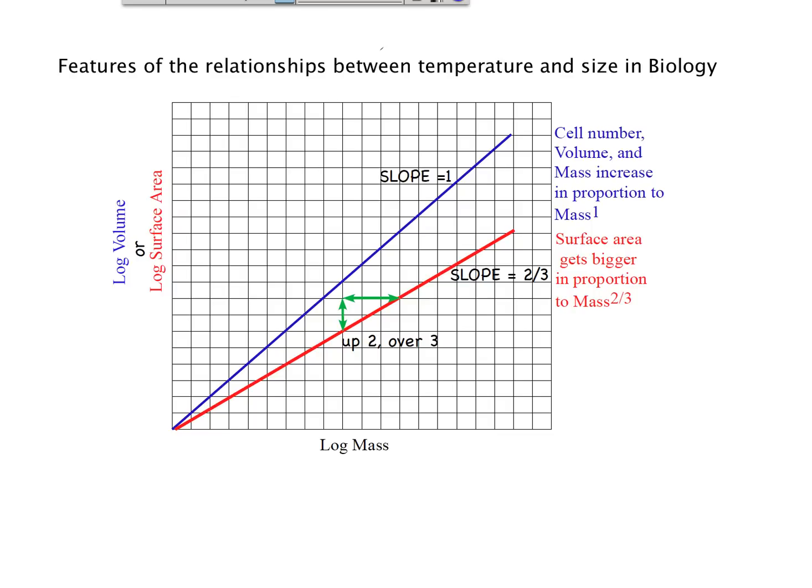The number of cells is a rough indicator of how much heat is made.